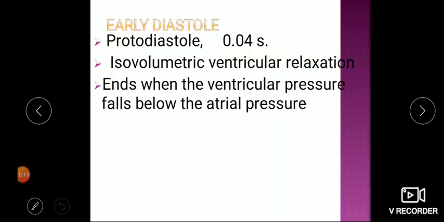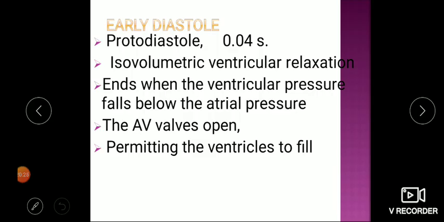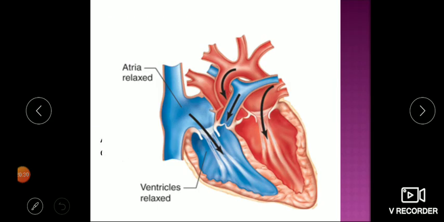The moment the AV valve opens, when the ventricular pressure falls below the atrial pressure, permitting the ventricle to fill with blood, it is called the rapid filling phase. So it is the first rapid filling phase in which maximum filling takes place. With gravity, suddenly the AV valve gets open and there is filling of the ventricle.